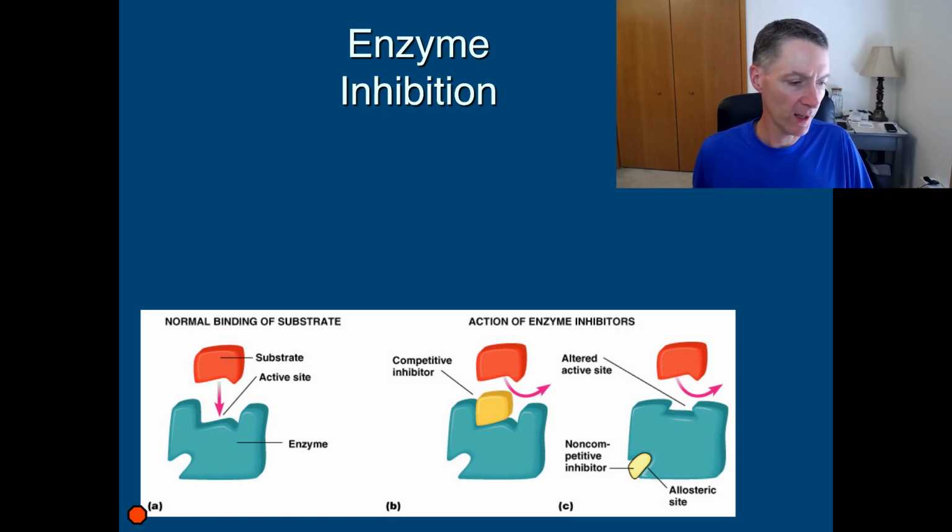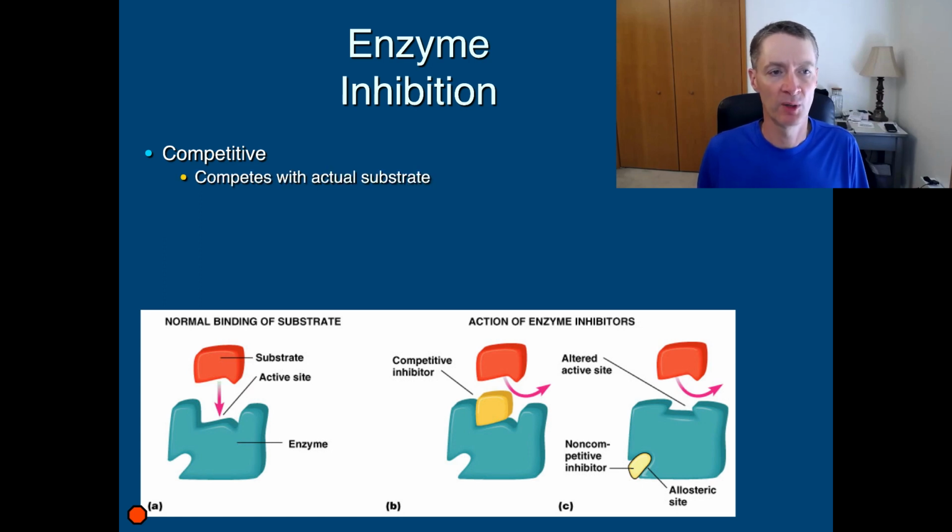All right, one last thing I want to go over with you guys would be enzyme inhibition. How can we stop enzymes from working? One way that we can inhibit enzymes is through competitive inhibition, where a molecule, other than the substrate, competes with the actual substrate.